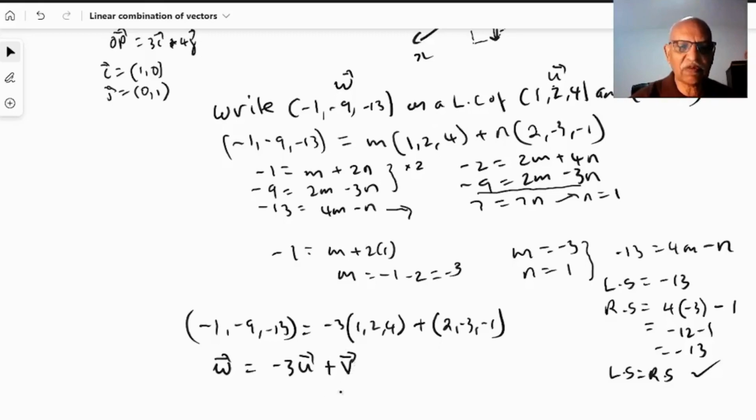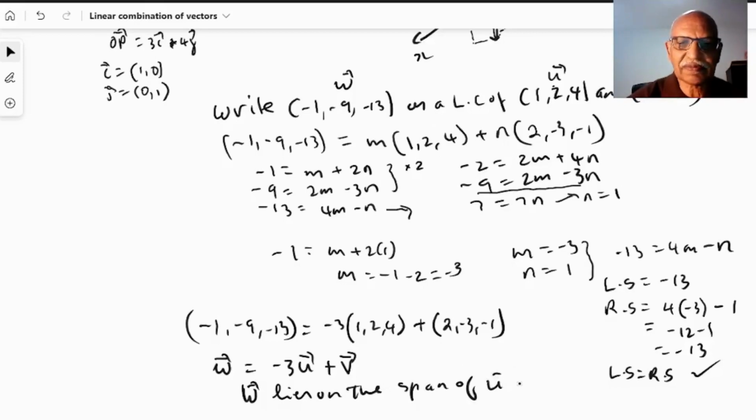And this is linear combination, which means that this vector lies on the plane formed by the other two vectors. The third vector w lies on the plane, so we say it lies in the span of u and v. w lies on the span of u and v.